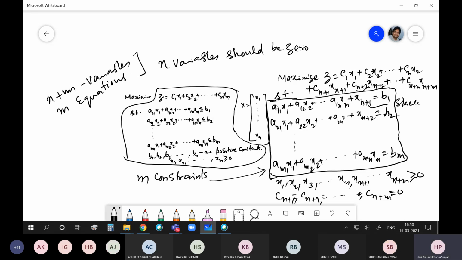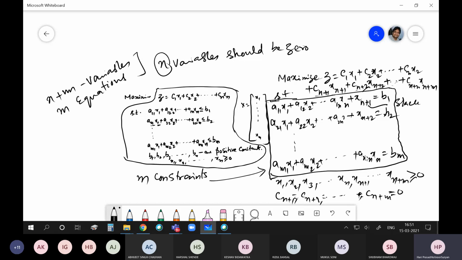When you solve this, you pick the solution which satisfies all these constraints but also maximizes this function. There will be so many solutions for this, because I have an option to make n variables 0. Let us say first I make all the decision variables 0.